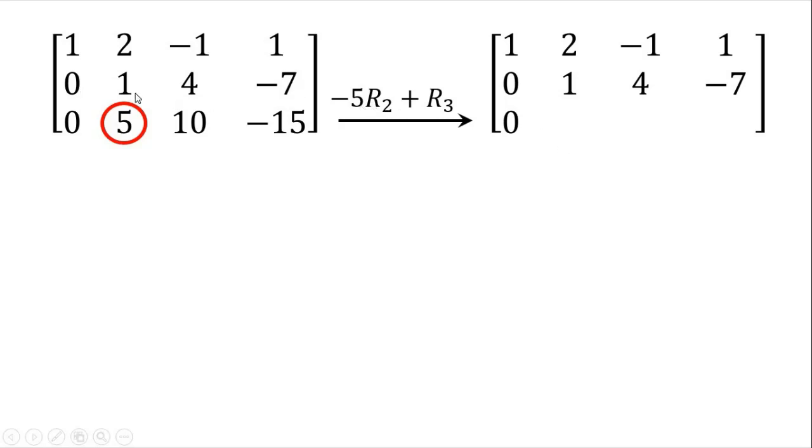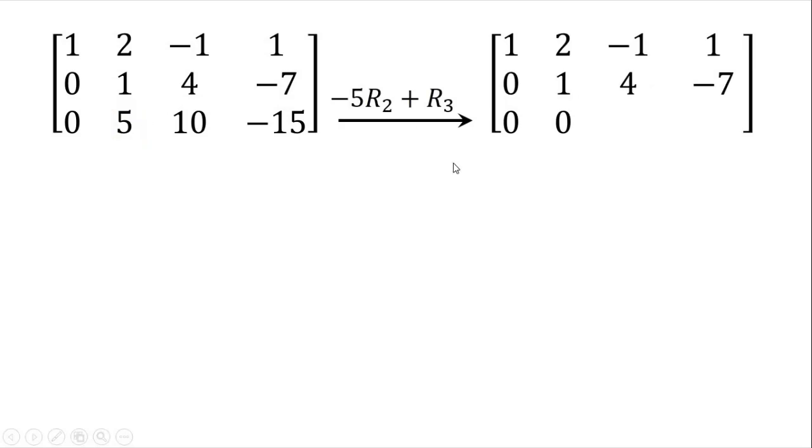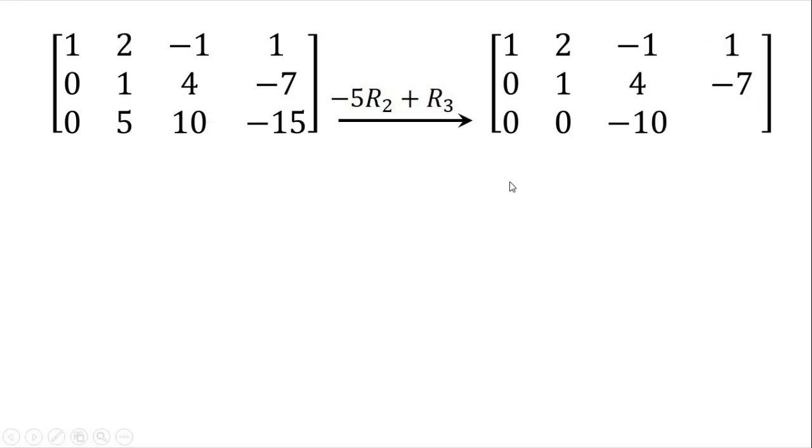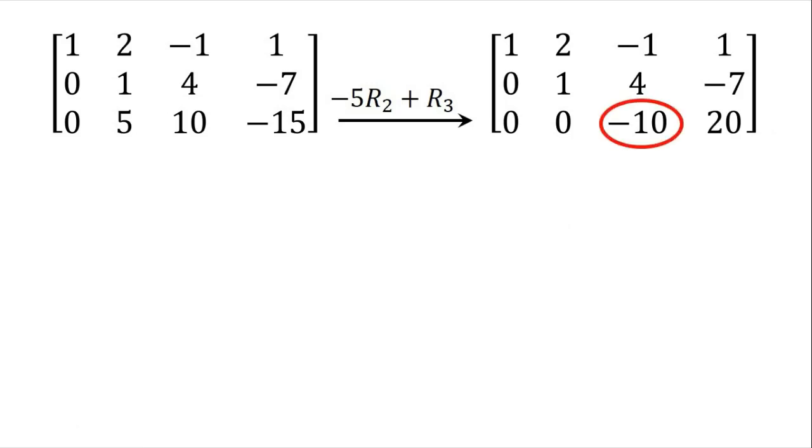Now, negative 5 times 1 is negative 5 plus 5, that's why we'll get a 0. Next, we have negative 5 times 4 is negative 20 plus 10, so that's a negative 10. And lastly, we have negative 5 times negative 7 is positive 35 plus negative 15 is positive 20.